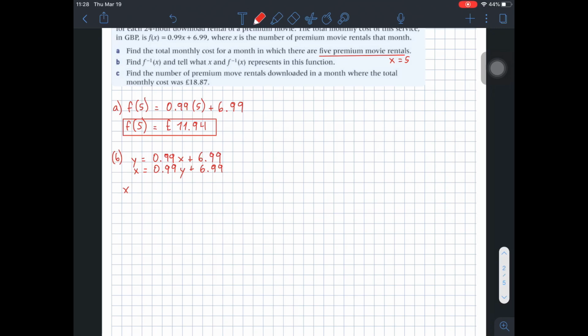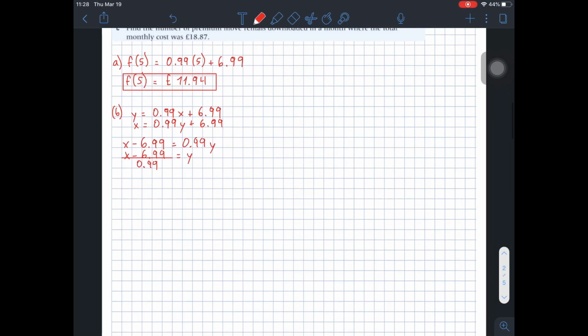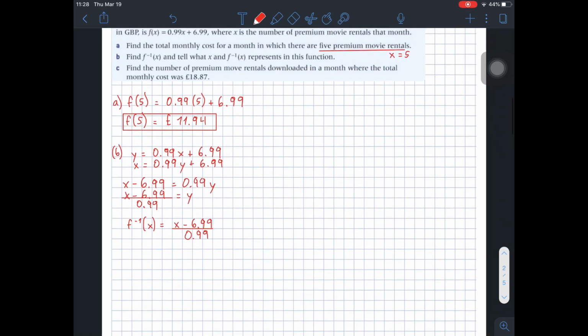This would be x minus 6.99 equals 0.99y. So finally, x minus 6.99 over 0.99 equals y. So our inverse function is x minus 6.99 over 0.99. So this is the inverse function. This is the first part of the answer.